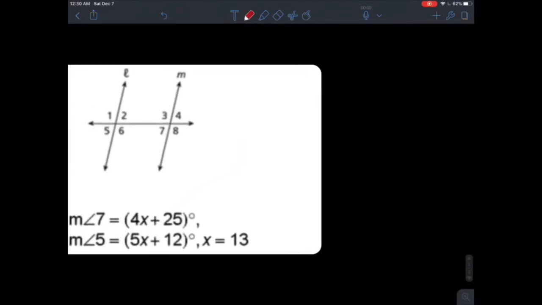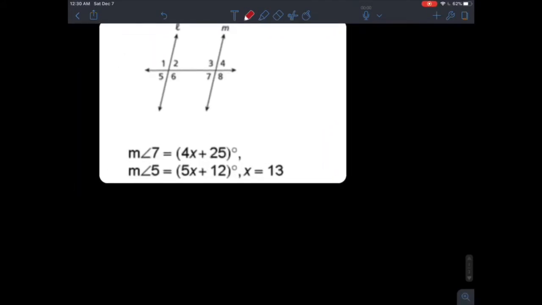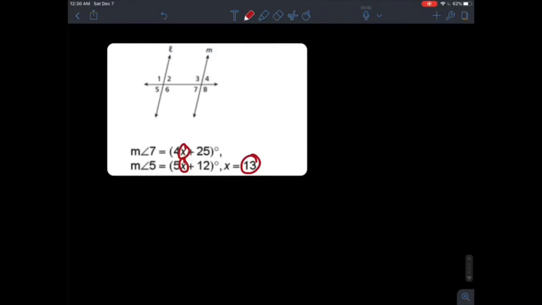Okay, now we're going to do the second part of it. So we're going to be plugging in 13 for X into these measurements. So again, we have our two lines and our transversal, and it gave us angles 7 and 5.